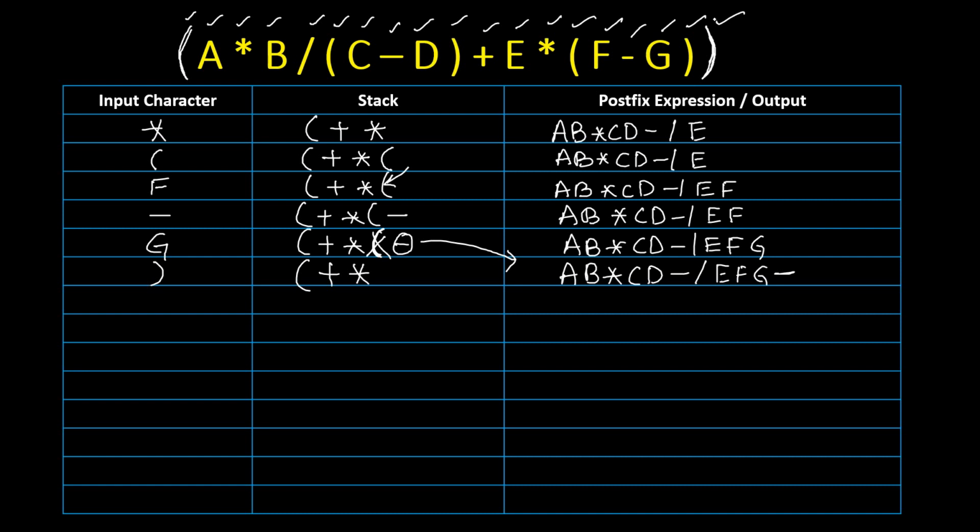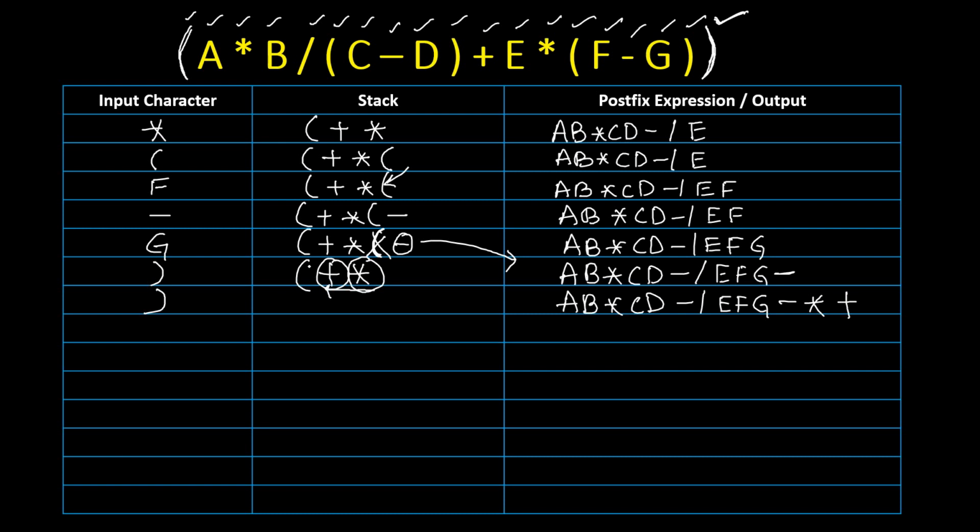Now come to our infix expression, and the last one is again a closing parenthesis. Do the same process. Pop all the operators from this side and add them to the postfix expression. First of all, add this multiplication to the postfix expression: A, B, F, G, minus, and add this star here, and after that add this plus also.